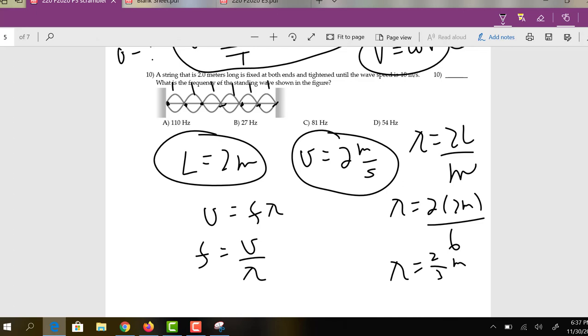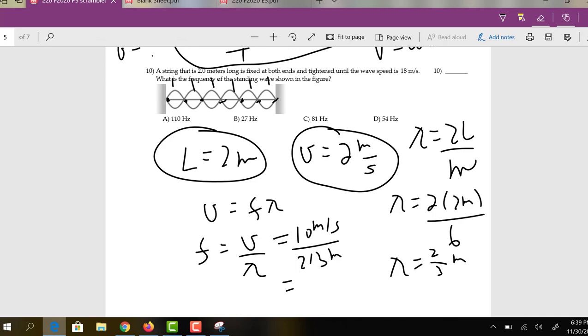The speed's given, so the speed is 10 meters per second, divided by the wavelength, which is 2/3 meters. This comes out in 1/seconds. Okay, so I see when I did this that the speed is not 10, it's 18. I had the line from the previous problem going through the number, so that should actually be 18 meters per second.